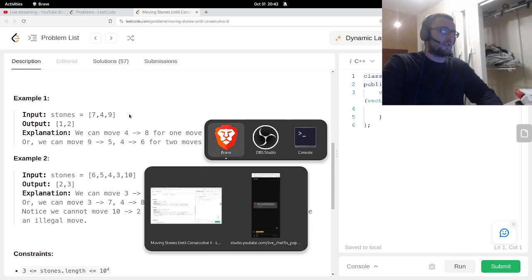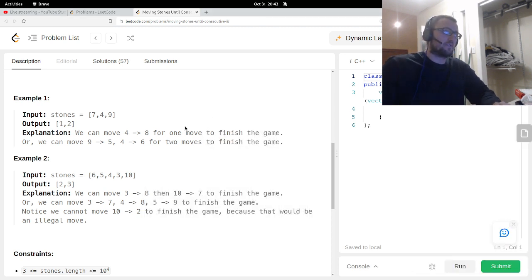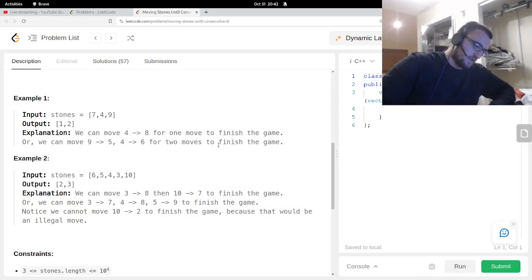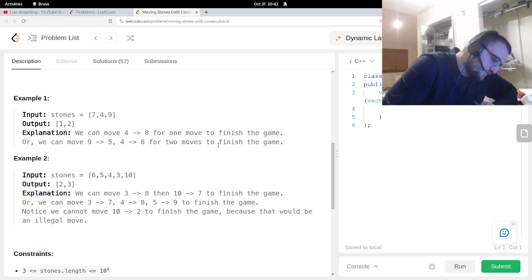I think I could use dynamic programming. So I can move the left endpoint or I can move the right endpoint, one or the other. And the left endpoint could be many different positions.